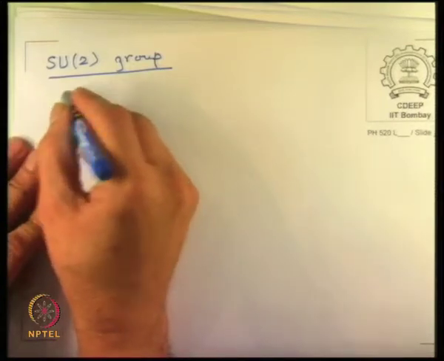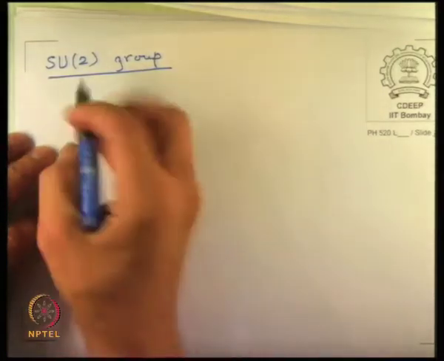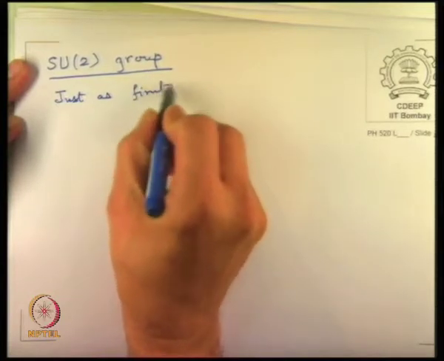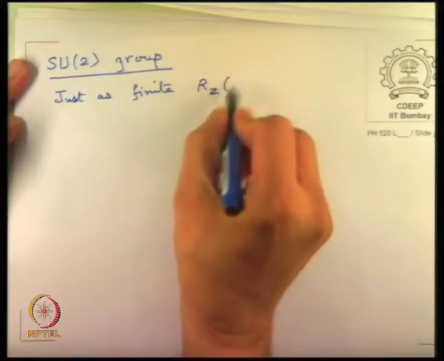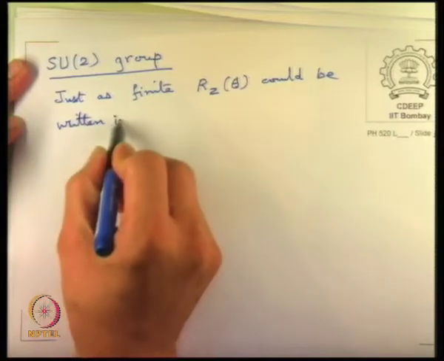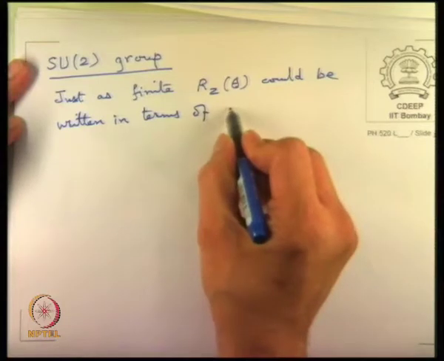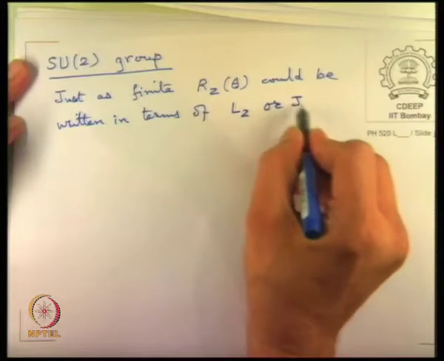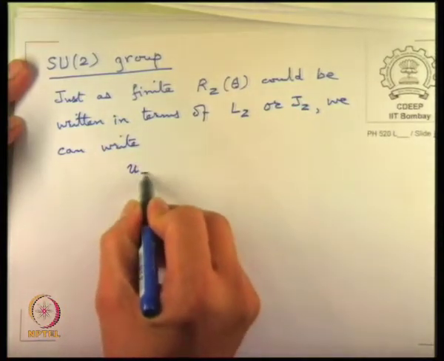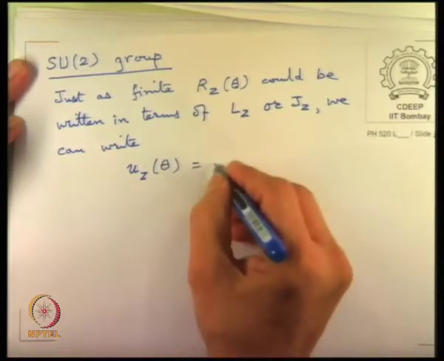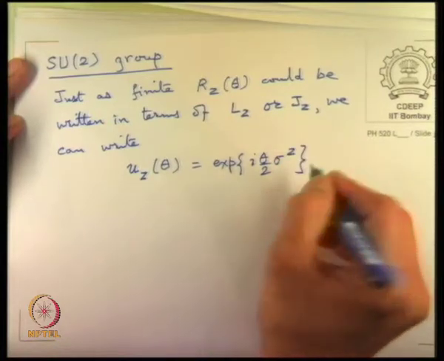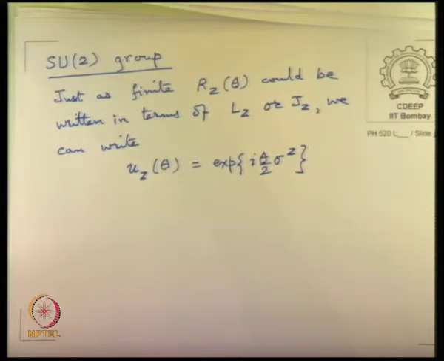So I will just drop the answer by saying that just as finite R Z theta could be written in terms of LZ or JZ, we can write U Z theta, a unitary matrix, to be the exponent of I times theta by 2 times the Pauli matrix Z. So I have made a big jump.